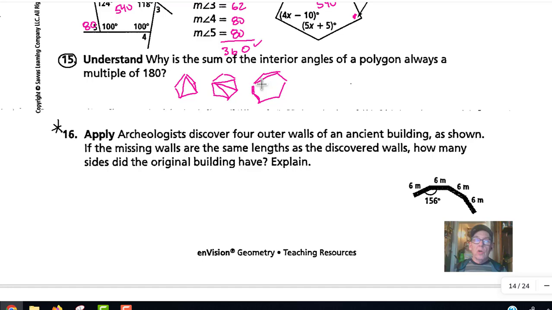And it seems like it's always some whole number of triangles that these can be broken up into, which is why we have multiples of 180. So multiples of 180 are from the n minus 2 number of triangles formed.